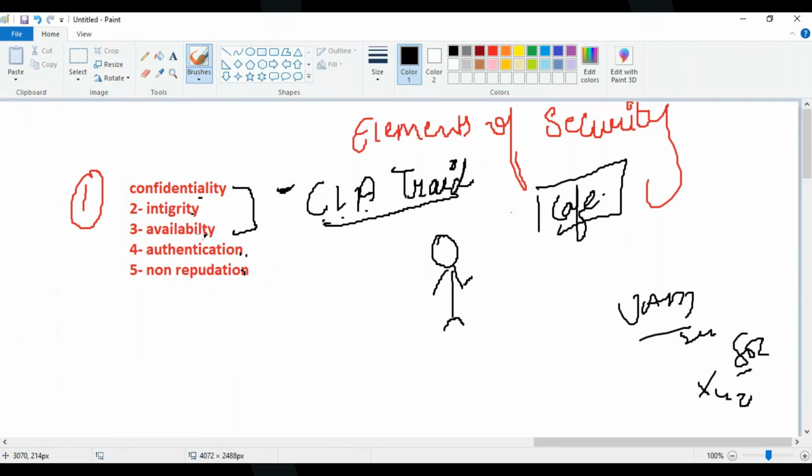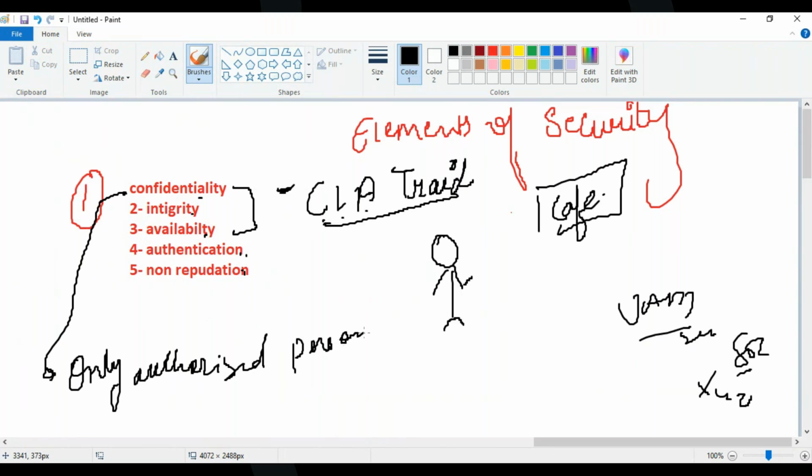So if I talk about confidentiality, it refers to protecting the information from unauthorized access, right? Confidentiality says only an authorized person can have access, not the change.